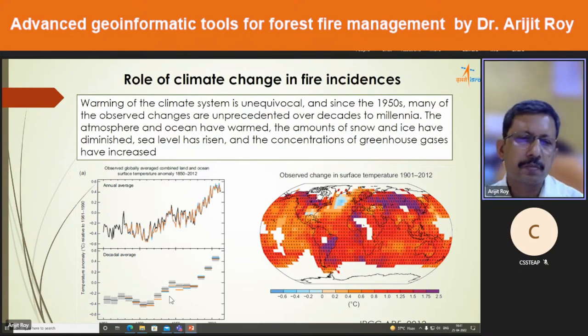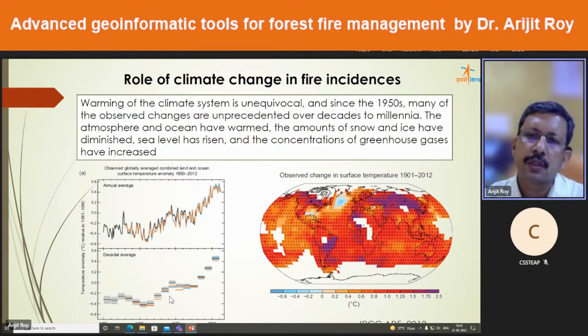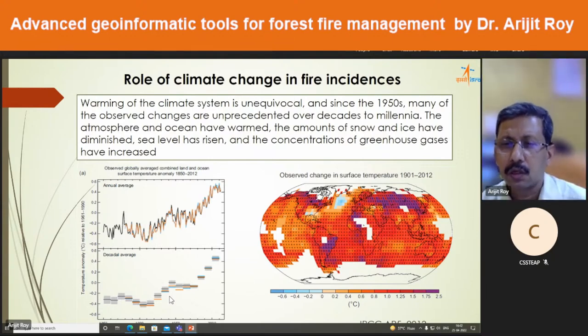And this is all because of the concentration of greenhouse gases. And you can see on the bottom right the observed changes in surface temperature over the last century. Many of the areas have shown an average temperature increase of more than 2 degrees centigrade.